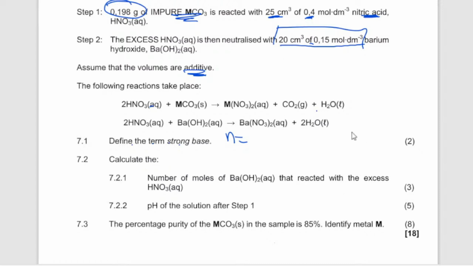So you can use first principles or you can use a formula. Yes, concentration times volume, whereby number of moles is equal to concentration times volume. You have the concentration, which is 0.15, times volume, which is 20 divided by 1000. So after that, number of moles, let me check if I calculated it.